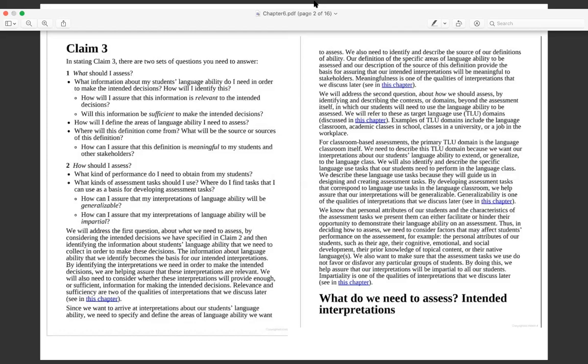So we start from the decisions that you ultimately want to make, in order to have your interpretations. And of course, you need to establish clearly and plentifully the language ability that you need your students to arrive at.